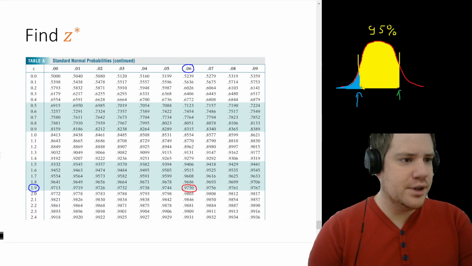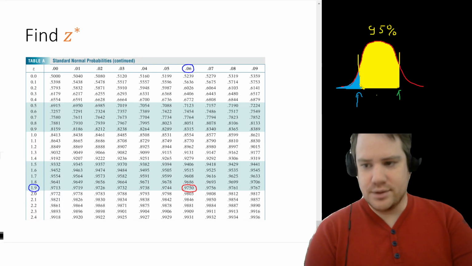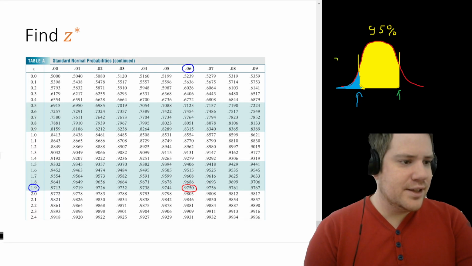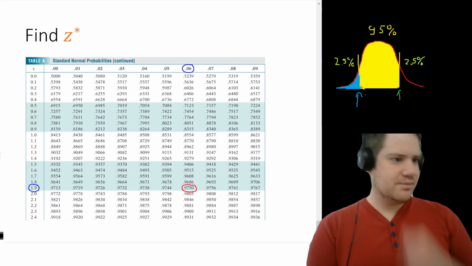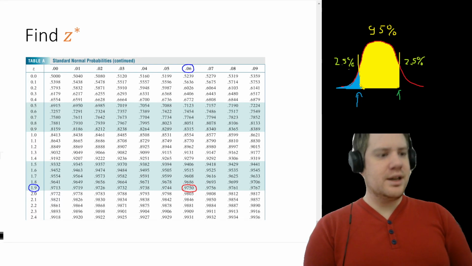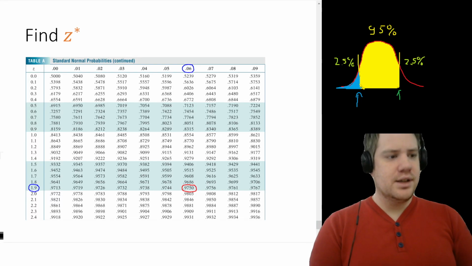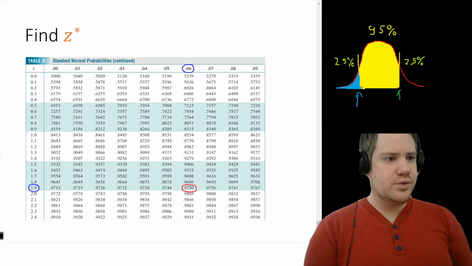And because the normal distribution is always symmetric, this part is 2.5%, and this part is also 2.5%. So how much can we find below the blue line? Well, that's just the 2.5%, so 0.025.